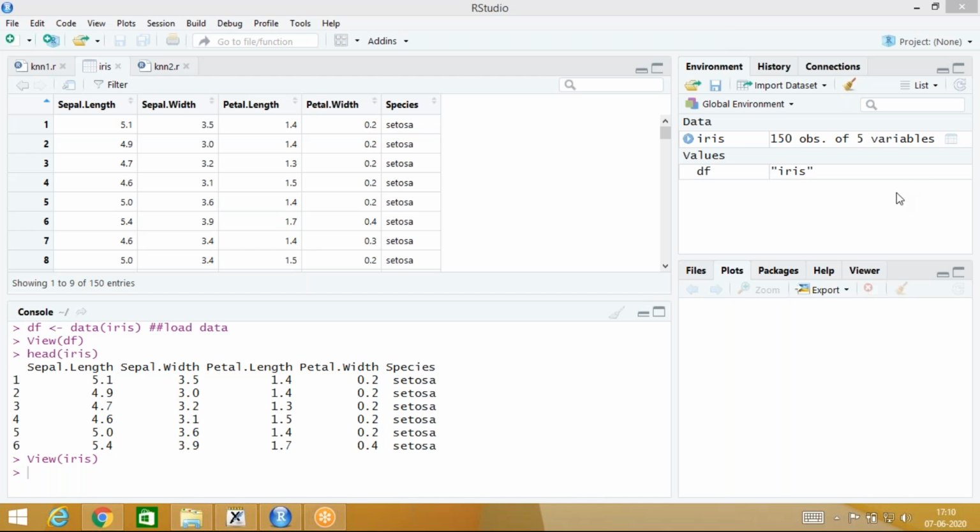When a new flower comes up and I do not know what species it is, I measure the sepal length, sepal width, petal length, and petal width, and put them in to predict the species of that new, unknown flower.